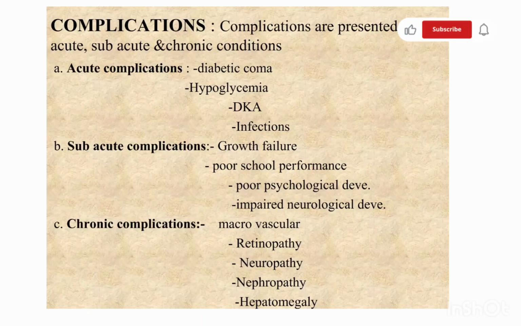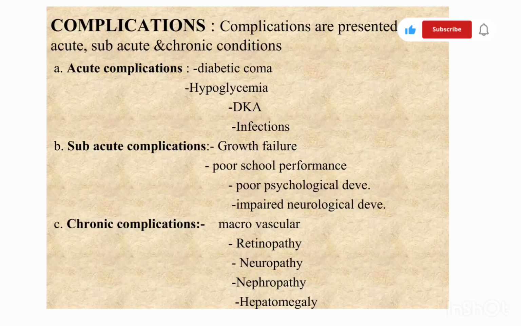Next, we'll see about the complications. Complications are presented as acute, subacute, and chronic conditions. Under acute complications, there are diabetic coma, hypoglycemia, diabetic ketoacidosis, and infections. Under subacute complications are growth failure, poor school performance, poor psychological development, and impaired neurological development.